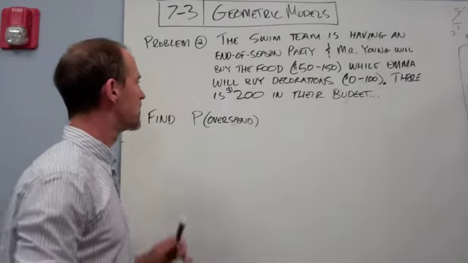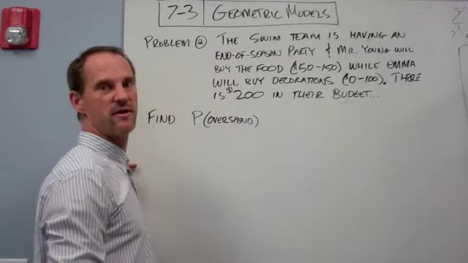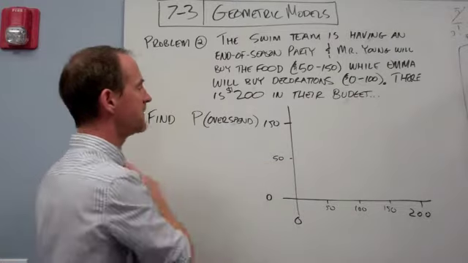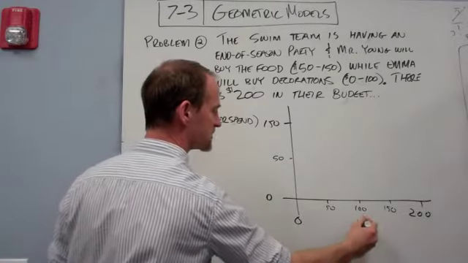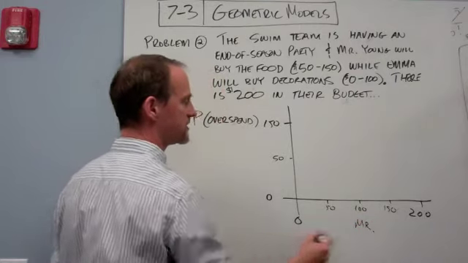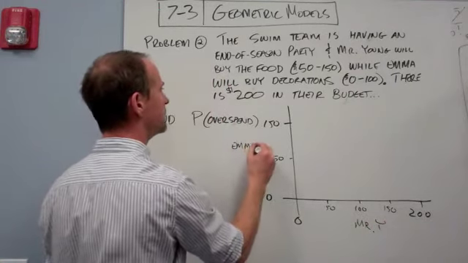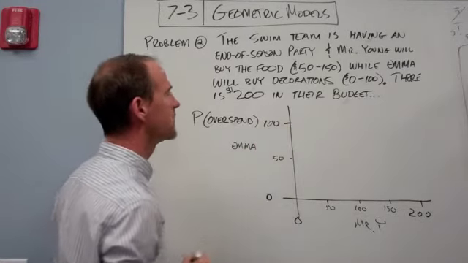All right? So the first thing we need is a really good graph. Okay, like that. Now, this is Mr. Young's spending range, and this is Emma's right here. She can spend up to $100. That's supposed to be 100.